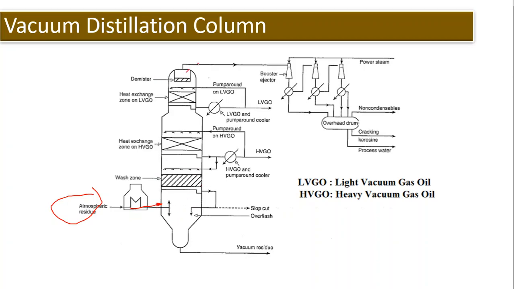At the top there is a complete system for maintaining the vacuum, and we have different sections where vapor liquid equilibrium and mass transfer take place. We can have LVGO, HVGO, light vacuum gas oil, heavy vacuum gas oil, slop oil, overflash, and vacuum residue. These are the products that we can obtain.